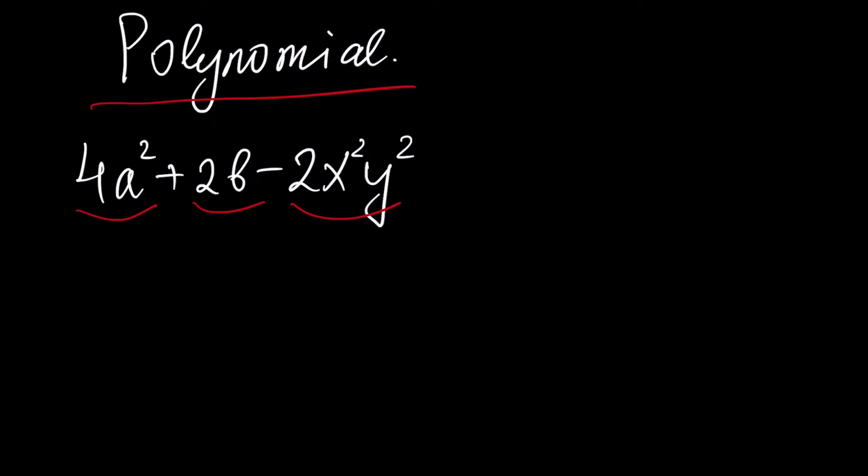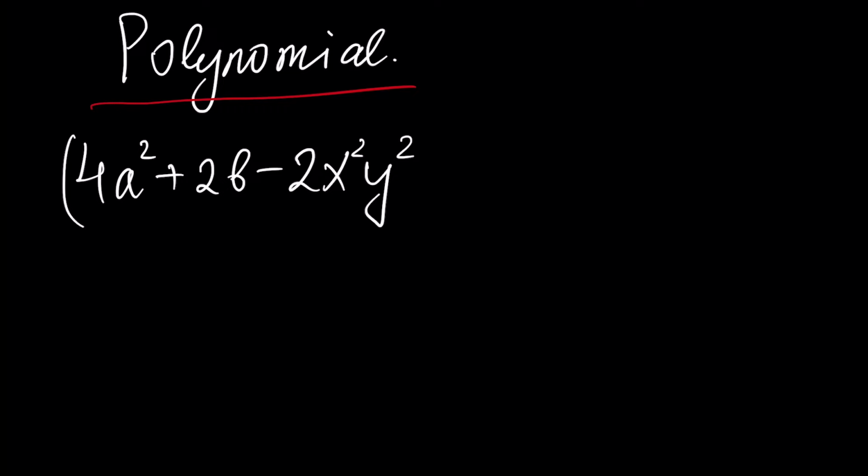And as I said, by definition, a polynomial is a sum, and by sum we mean plus or minus, of any number of monomials. And if we add several polynomials, we will have again a polynomial.